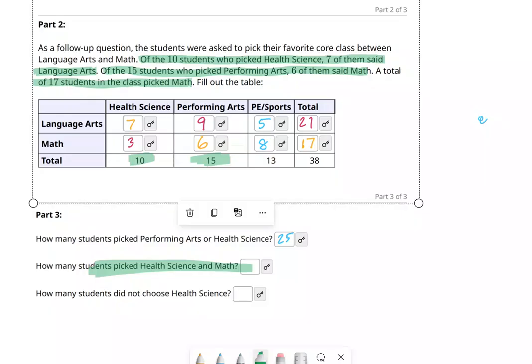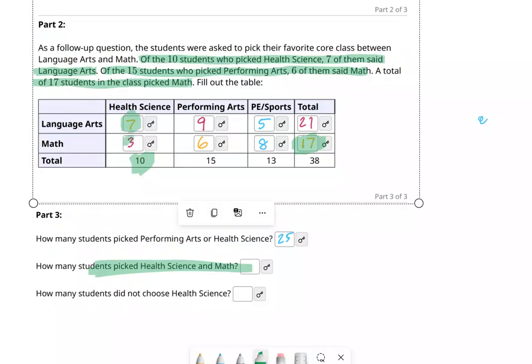How many students picked health science and math? Okay, well, what are the numbers we're adding together here? Try it again. My total health science is 10. My total math is over here at 17. But you don't want to just add those together, because then you would be double counting the ones who picked health science and math. So we're going to add these numbers. Watch what I'm picking out here.